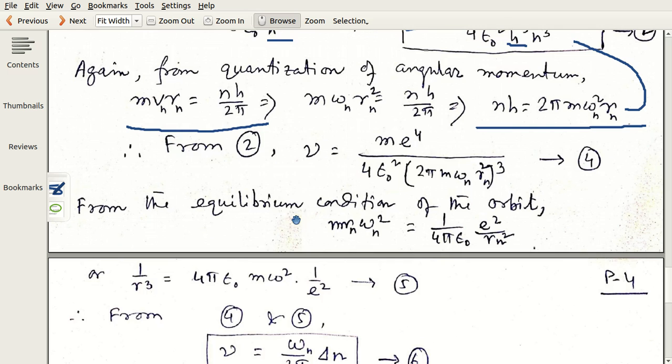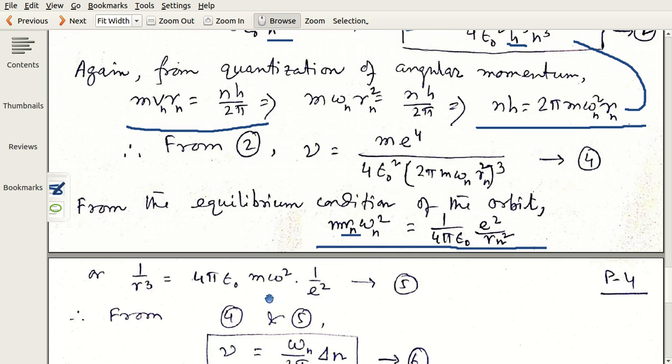From the equilibrium condition of the orbit, we know that m r omega squared equals the centrifugal force, which is equal to the Coulomb attraction, from where the energy of the electron is determined. We write this to calculate the 1 by r squared value, and with one more r it becomes 1 by r cube.